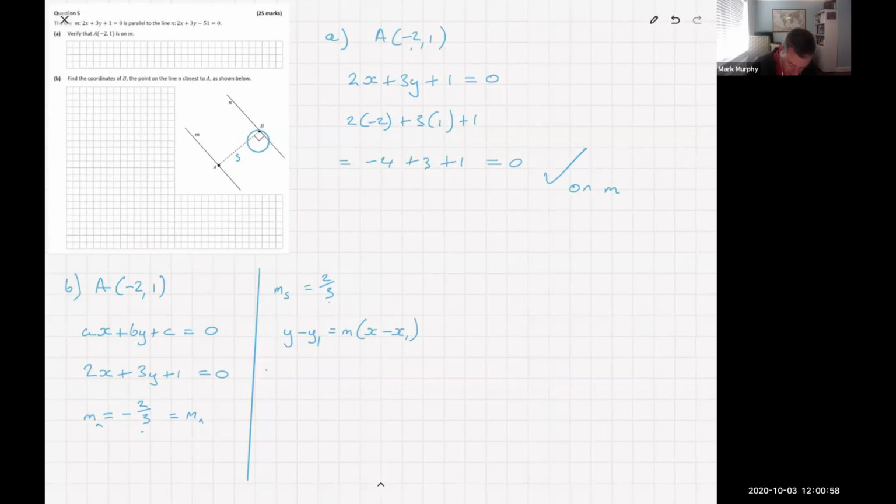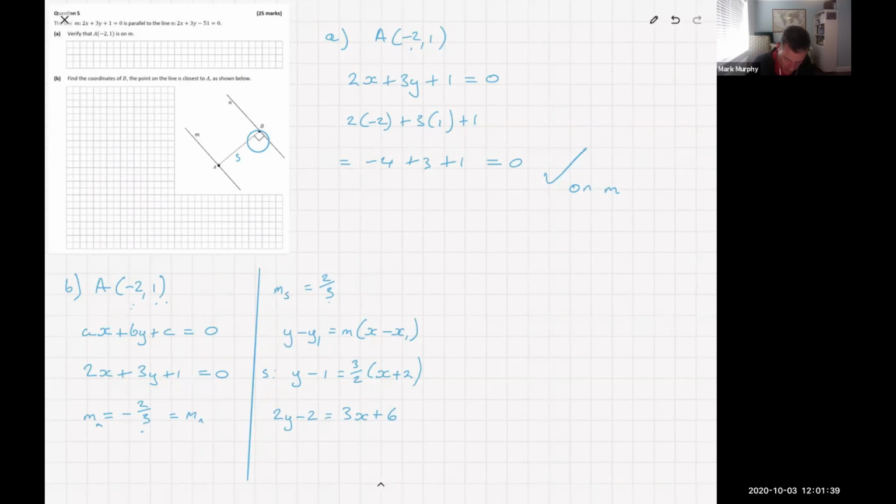So the equation for the line S, we're actually working out what line S is, is y minus y1, because we know that the point A is on that line S. So we say y minus 1 is equal to 3 over 2 times x minus -2, which is +2, because they're the points we're using, -2 and 1, right? So that's the point S. So let's work that out. You get 2y minus 2 is equal to 3x plus 6.